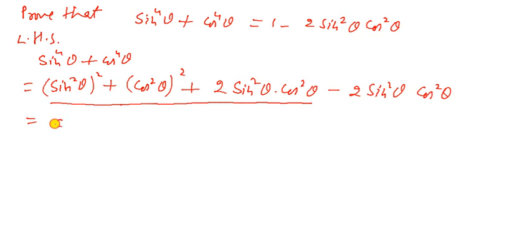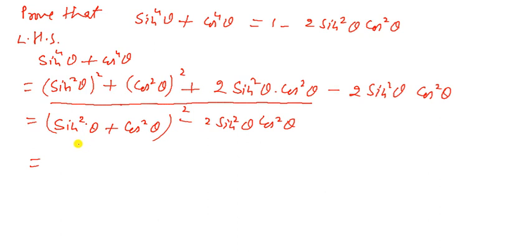As you know, this is a formula: (sin square theta plus cos square theta) whole square minus 2 sin square theta cos square theta.